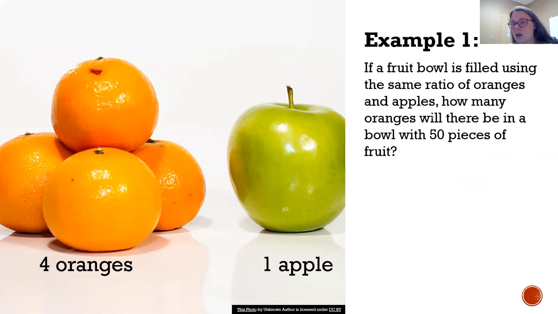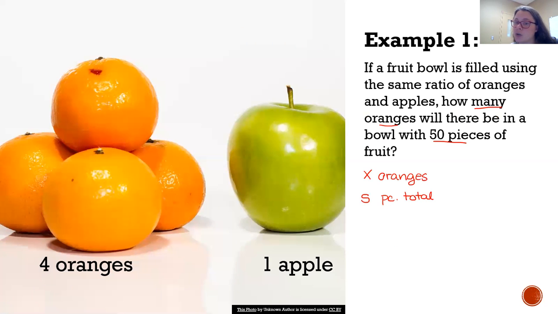So first of all, how many oranges? I want to know oranges, so I'm going to say I have X oranges. Okay, so how many oranges? That's one of our pieces. Will there be in a bowl with 50 pieces of fruit? So 50 pieces is the other, and we have 50 pieces total. Okay, so there's the information that we know.